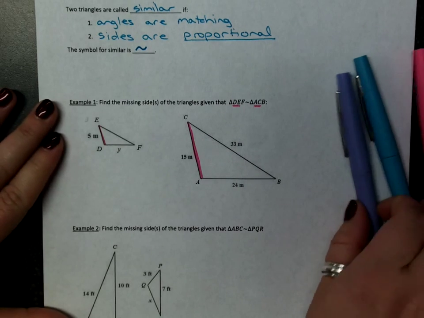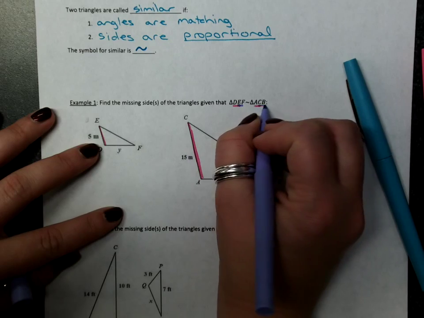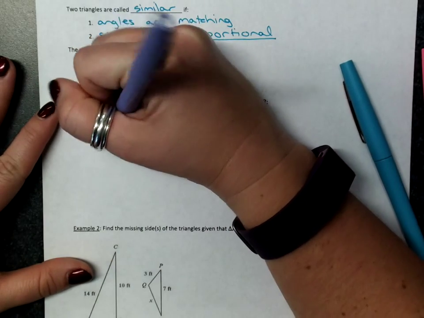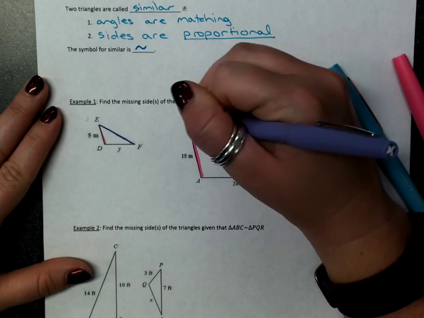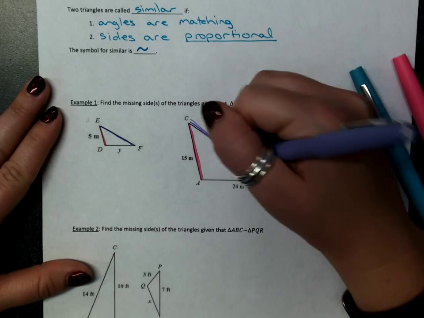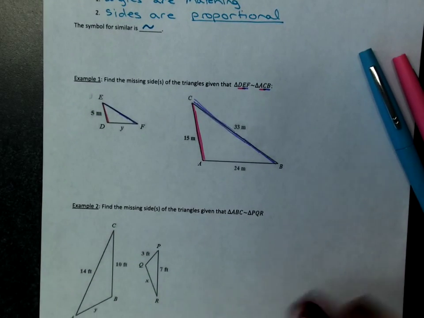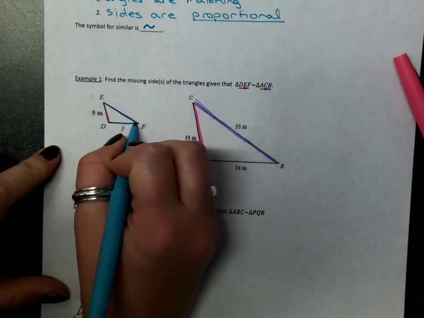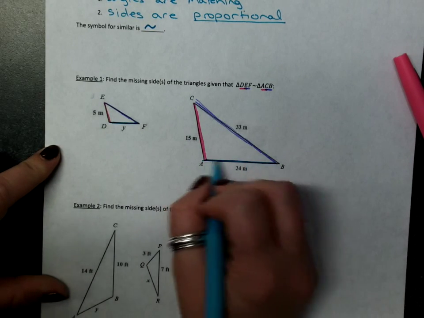And if we switch colors, the second two letters, EF and CB, those sides are proportional to each other. And that means that the last side, this little side DF and AB, are similar to each other.